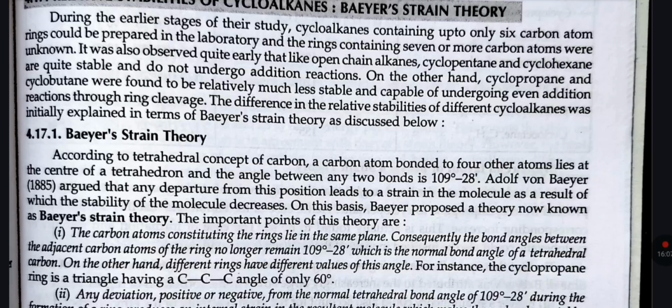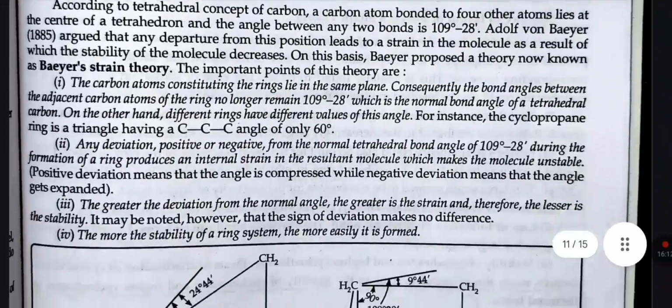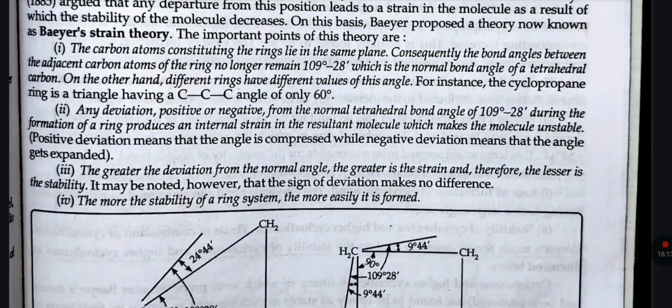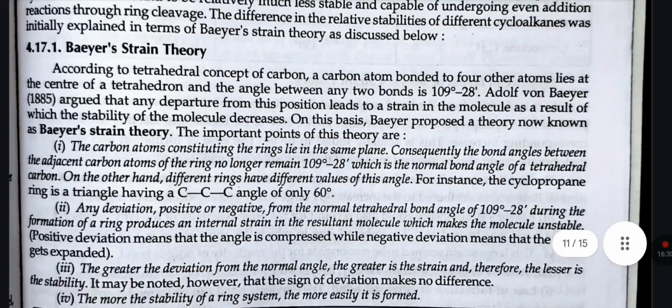For instance, the cyclopropane ring is a triangle having a CCC angle of only 60 degrees. Second, any deviation, positive or negative, from the normal tetrahedral bond angle of 109 degrees 28 minutes during the formation of a ring produces an internal strain in the resulting molecule, which makes the molecule unstable.